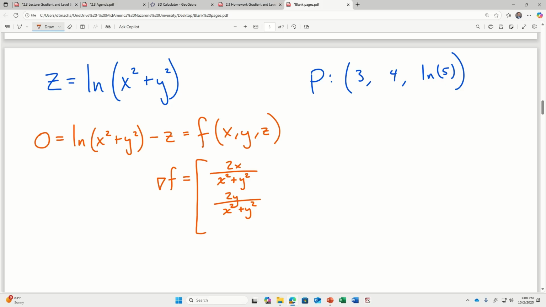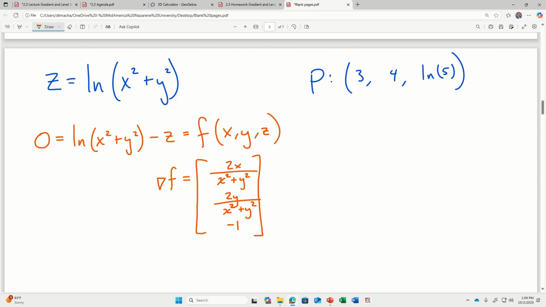And then for z, the partial derivative of f with respect to z is just -1. So here is the formula to give me my gradient at any point x, y in space. That will give me the gradient of my function at any point x, y, z. But it turns out it's not even dependent on z.